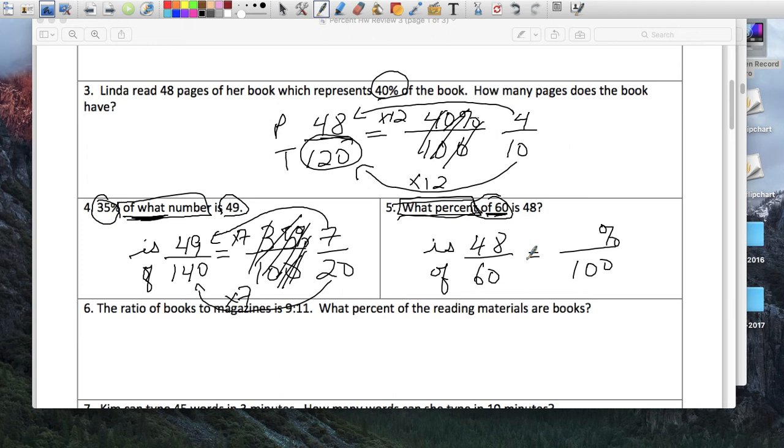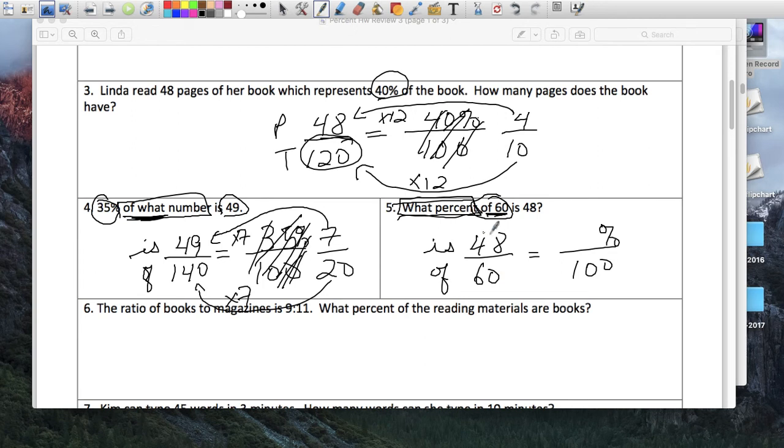So let's simplify this. Divide by 4, no, divide by 5, divide by 6, divide by 10. Let's divide this by 12.